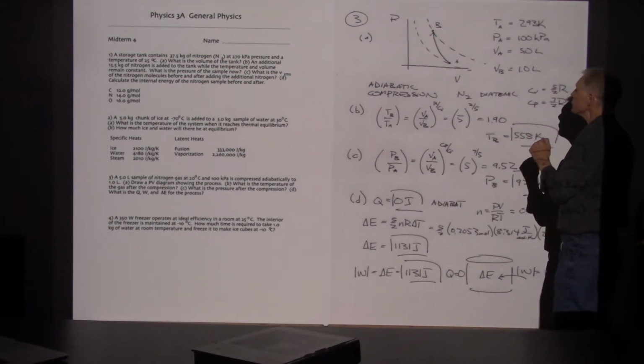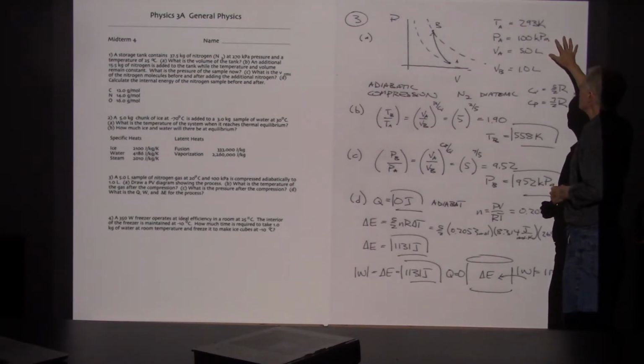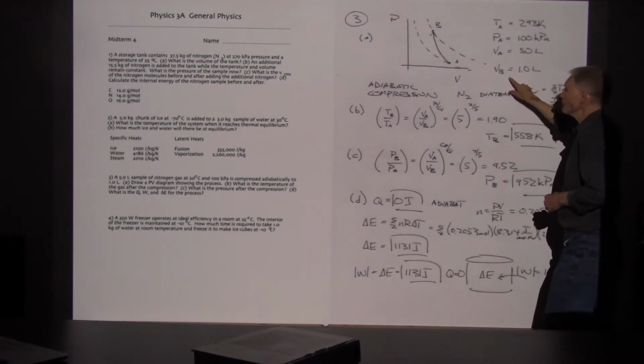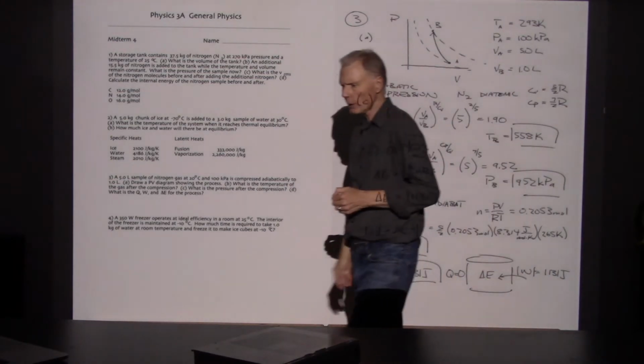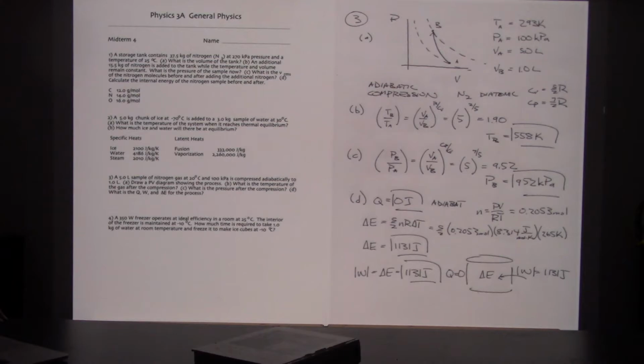The information given was the starting temperature, starting pressure, and starting volume, and we're going to compress to some final volume, VB. If you go back to the lecture notes, we introduced what we call the super adiabatic formula, and that's what I'm going to work from here.